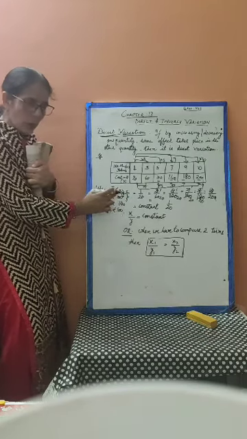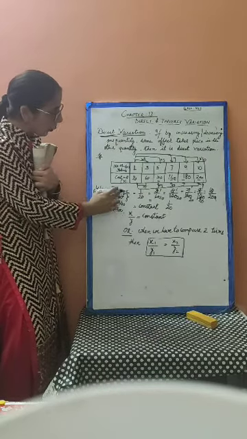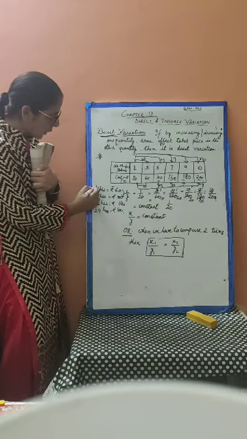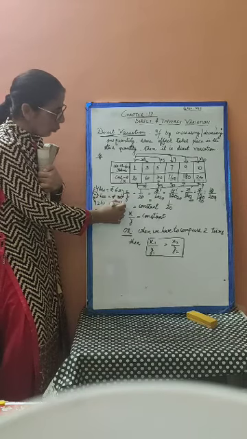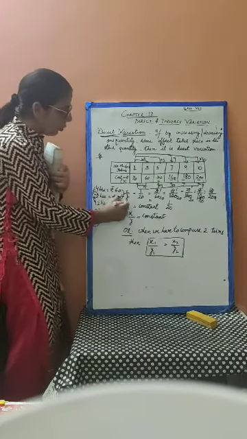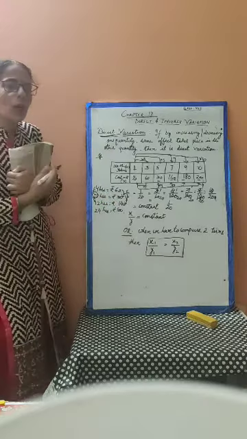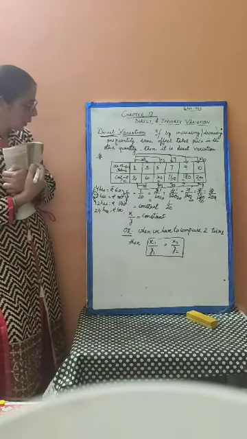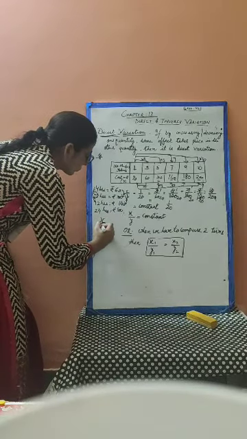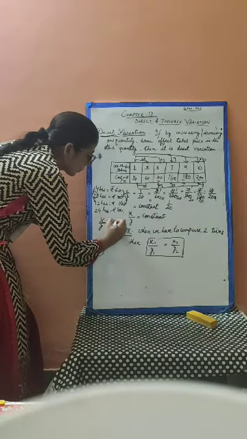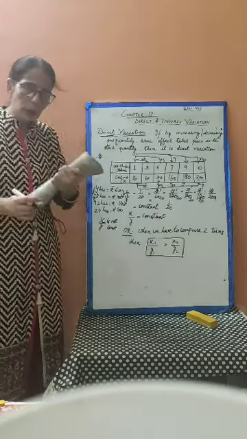No. 60 twos are 120, which means this is not in the same proportion. 4 threes are 12, but 60 threes are 180, and here it is given 140. Because x by y is not the same in all the cases, it is not a direct variation. I hope you have understood this thing.